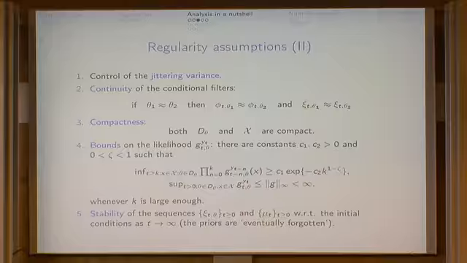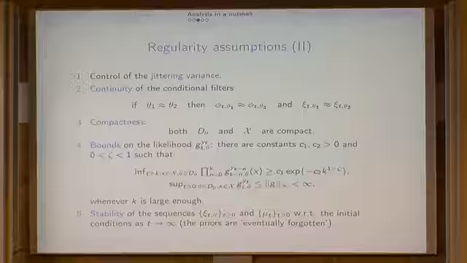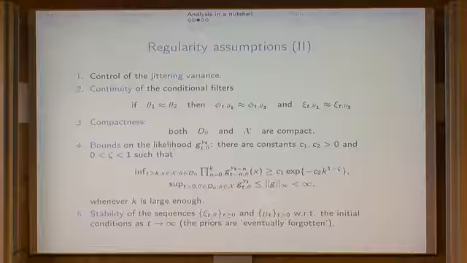This zeta is something between 0 and 1. So this goes to 0 at a rate which is less than exponential of order 1. This is not the usual assumption. The usual assumption would be to remove the zeta here.